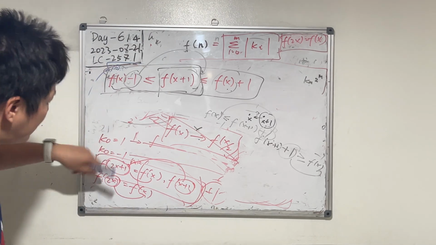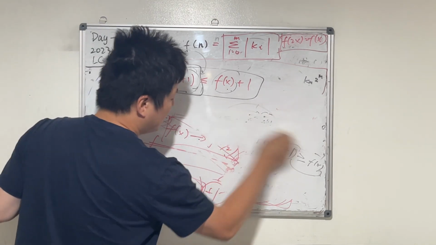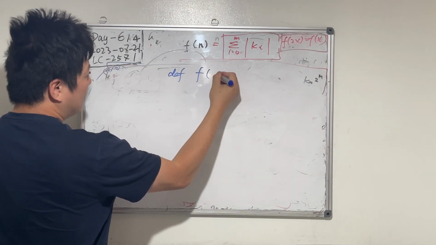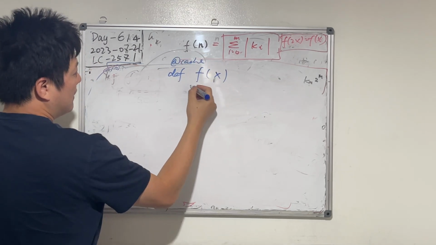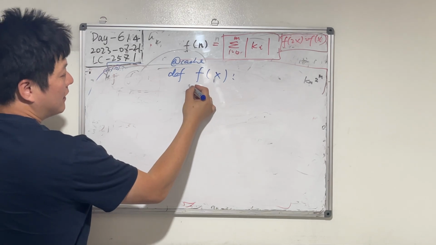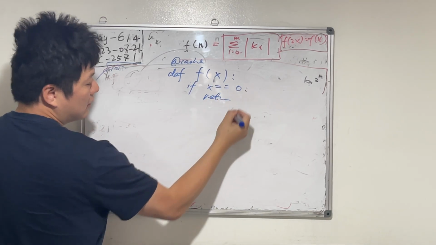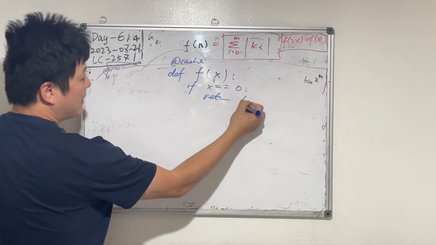Okay, let me write this in Python and that's it. This is today's solution. Define f(x) with cache. If x equals 0, return 0.